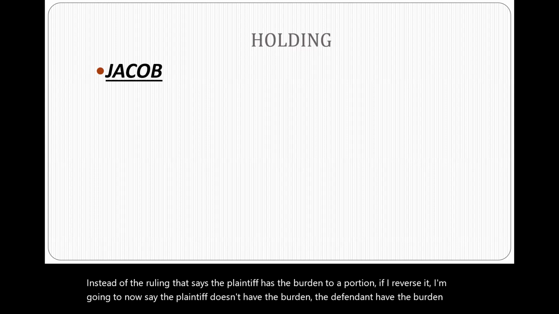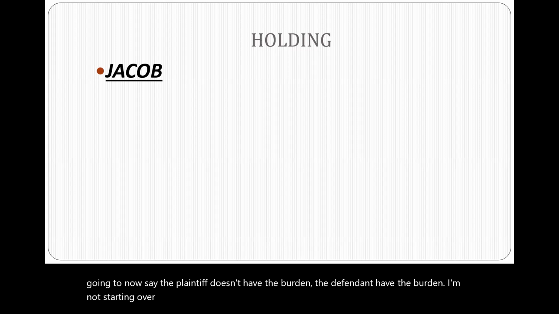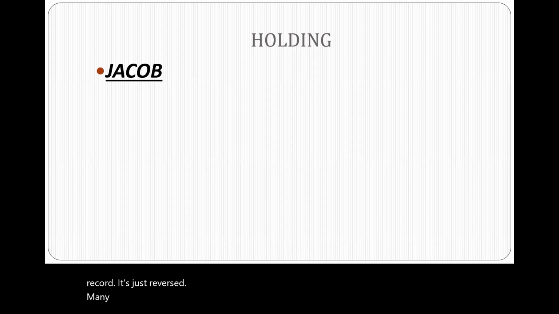I'm not starting over. I don't have to give additional evidence. I don't have to create another record. It's just reversed. Many of you wrote reverse, and I believe that you were using that interchangeably with vacated.